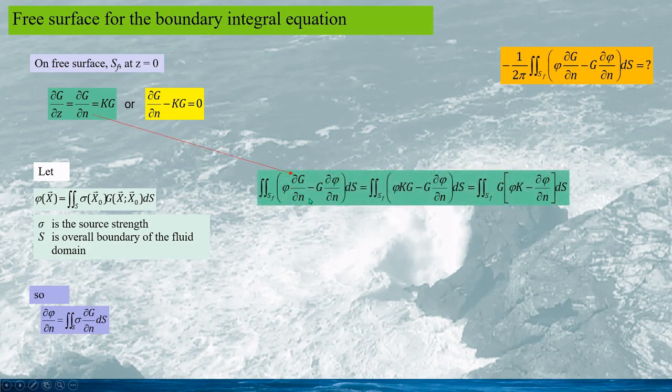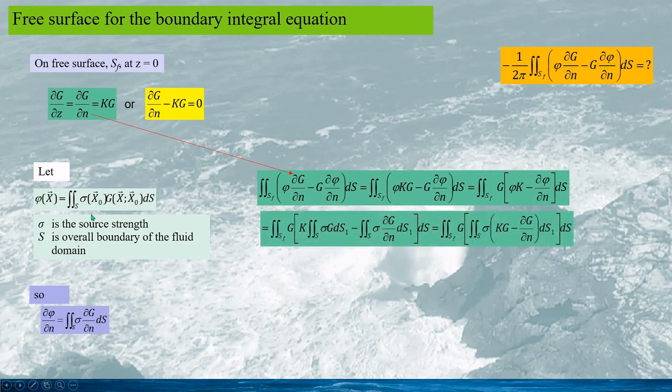So we look at the integration on the free surface and substitute the boundary condition for the Green function. So we have this and this. Then we substitute the potential and the potential normal gradient into the surface integration. We can have this and this. So if we change the order of the integration on S and SF, we have the expression like this.